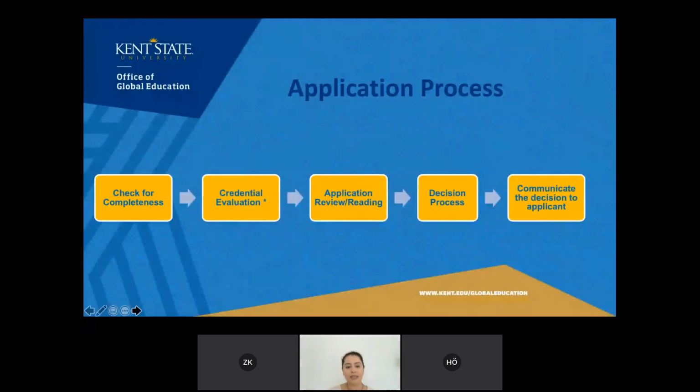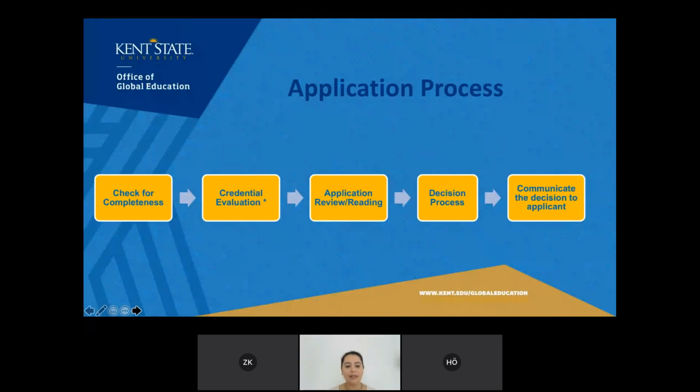Some universities will ask you to actually complete an evaluation by hiring a company and paying a few $100s to provide that evaluation from the outside. At Kent State, we try to make it easy and we do everything in-house. We're all trained on credential evaluation. Then the application gets reviewed.